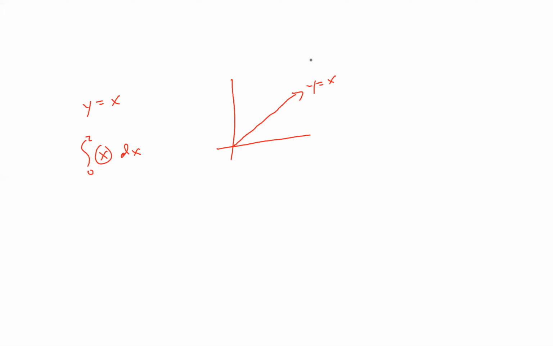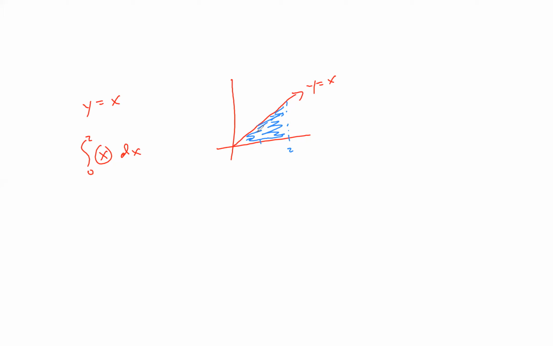If I want the area under the graph between 0 and 2, then when you see this notation, the integral from 0 to 2 of y equals x with respect to x, it's asking what's the area under this graph. Now in this case, y equals x is a nice straight line, and so I can answer this using basic geometry formulas. I don't have to come up with an estimate like we did with the rectangles a few sections ago.